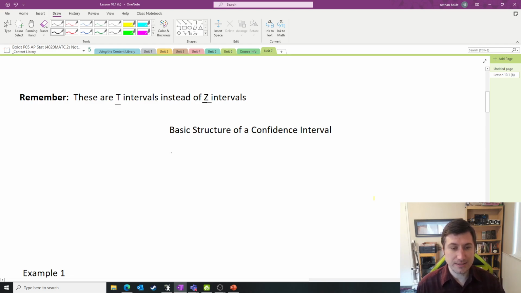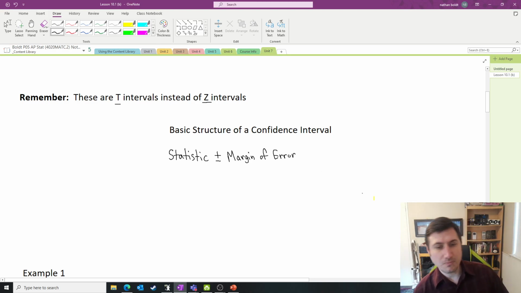You take the statistic, which remember comes from a sample. The statistic is what you get from a sample. Then you add and subtract the margin of error. That's the general structure.